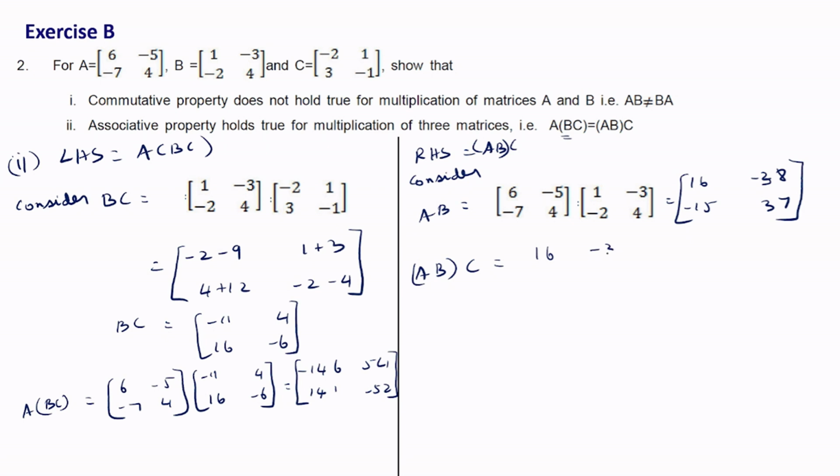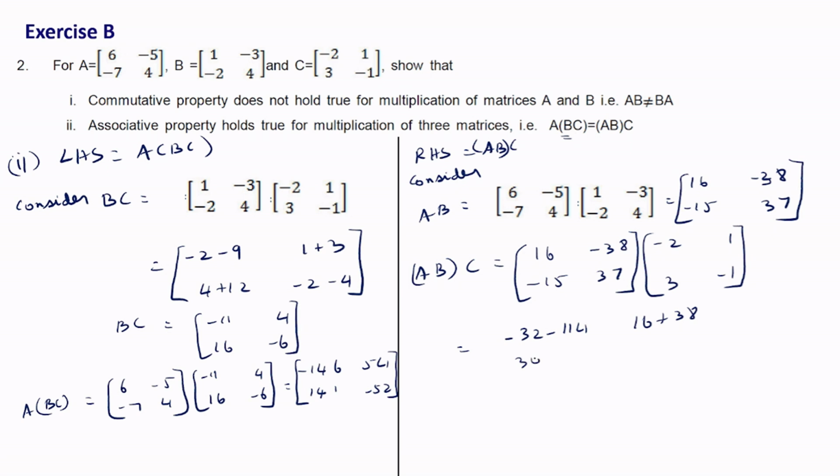And next we have AB into C. So this is 16, minus 38, minus 15, 37 into C. C is minus 2, 1, 3, minus 1. So this is 16 into minus 2, minus 32, minus 38 into 3, 114. Then 16 plus 38 and then 30 plus 111 and then minus 15 minus 37.